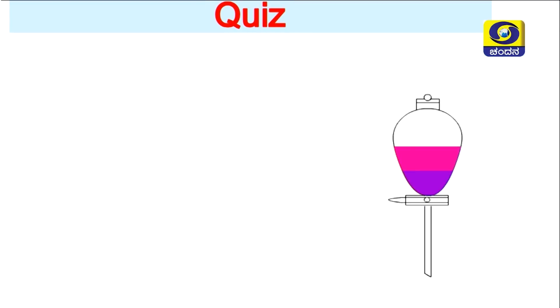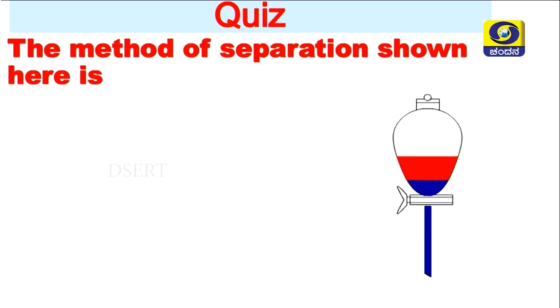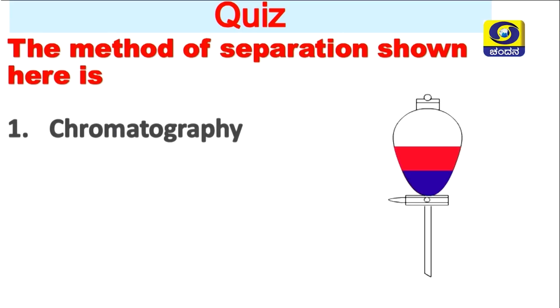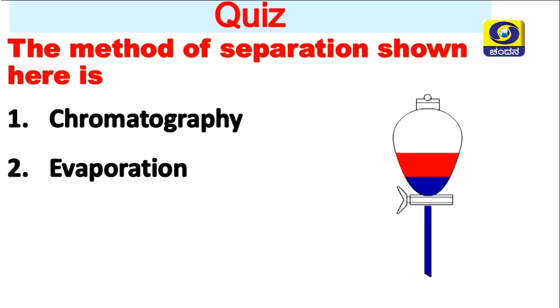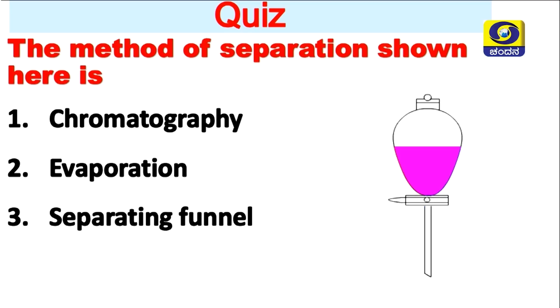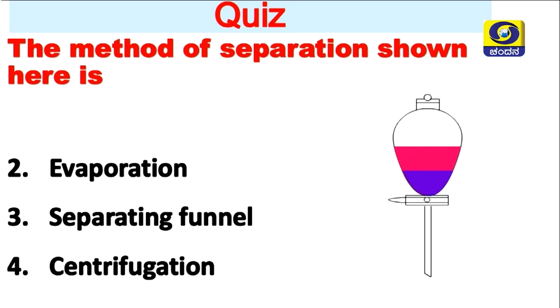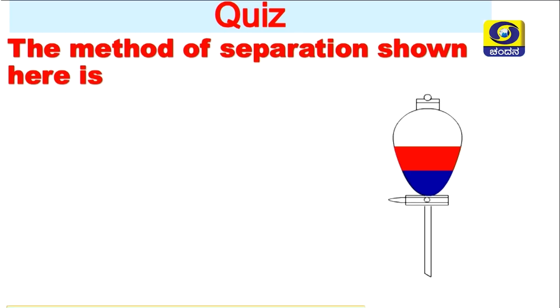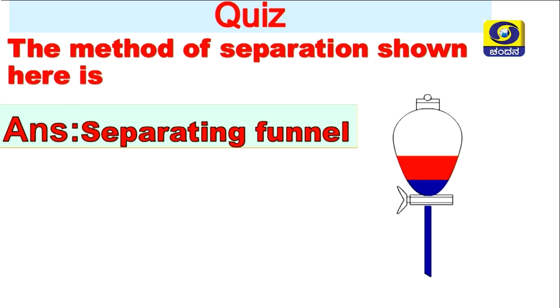Second question, identify the process. The method of separation shown here is chromatography, evaporation, separating funnel or centrifugation. What is the answer? The answer is separating funnel. It is not chromatography.